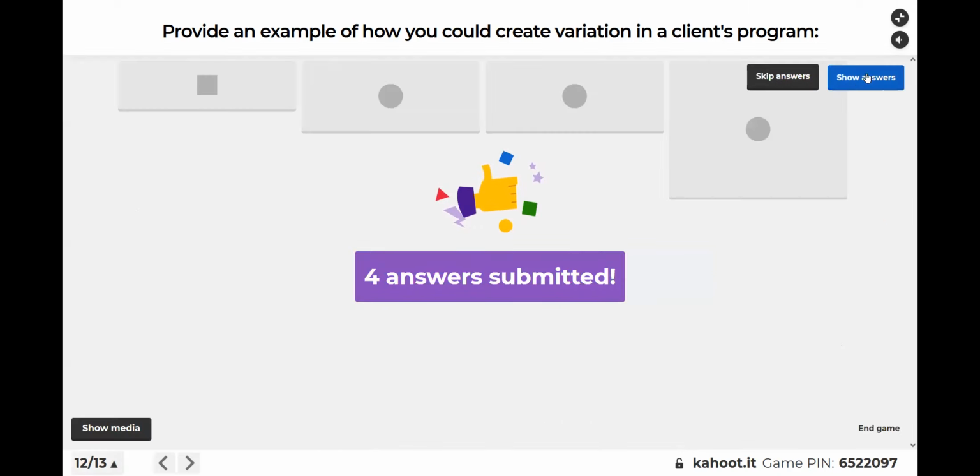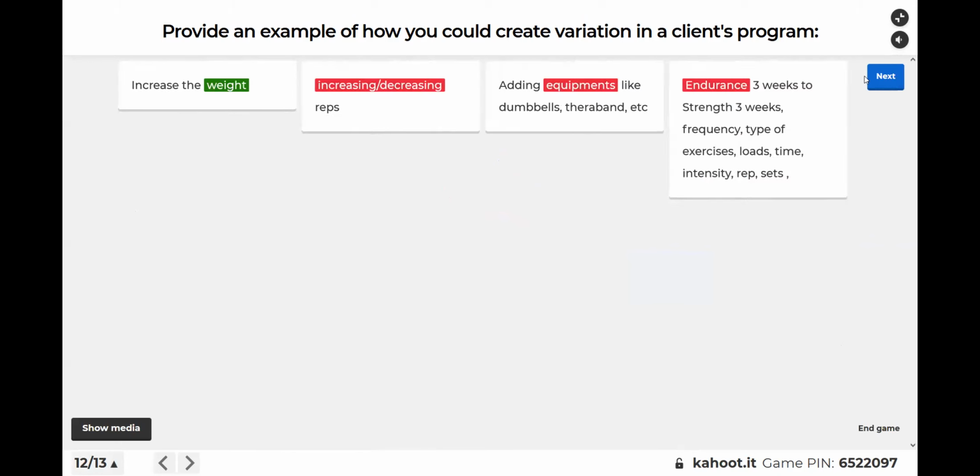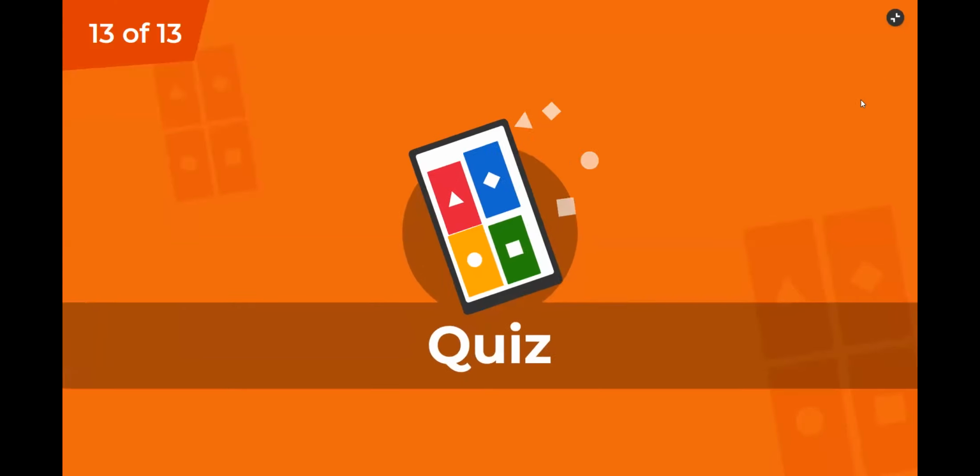Let's see what we got. Increase the weight, increase or decrease reps, add equipment like dumbbells or TheraBand. Good. Endurance. Okay, well, there's a lot for that one. Changing the sequencing, frequency, type, loads, awesome, all great. Those are definitely ways we can play with variation. Good job.